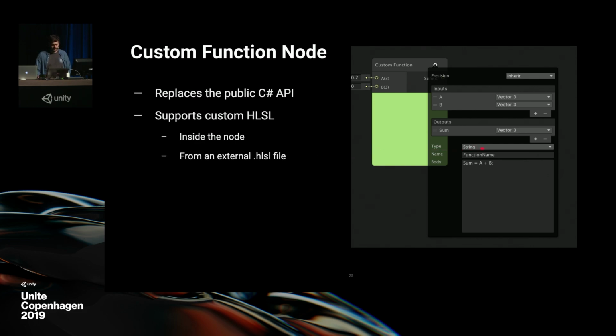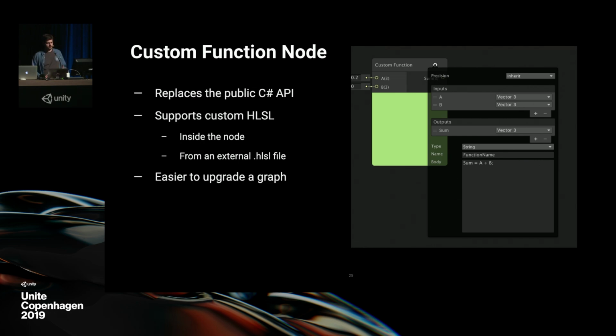So you can switch here from string to file, I think, and then it allows you to connect an external text file in the .hlsl format, which can then be used as a repository of your custom functions. And then you can reference them from here just by typing in the correct function name. Then this node will call that function, pass the inputs and receive the outputs, and then you can use it in your graph.